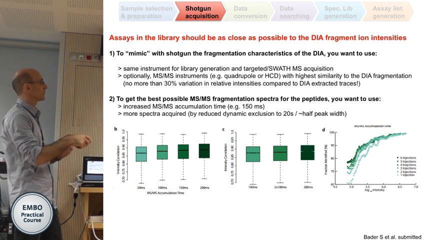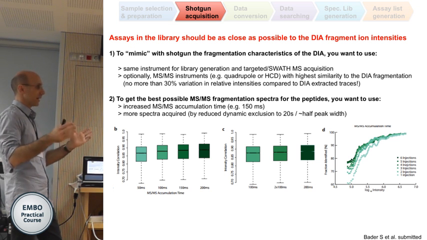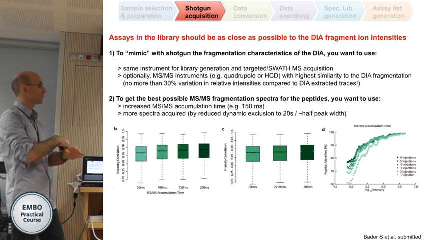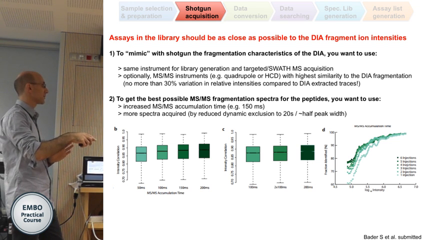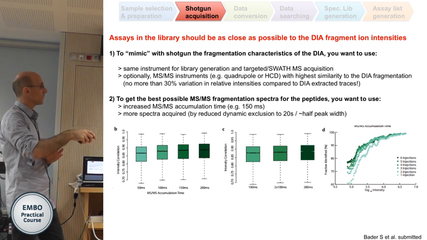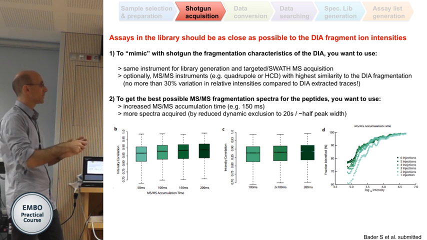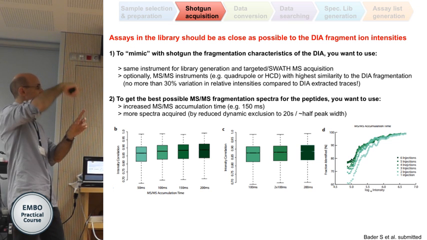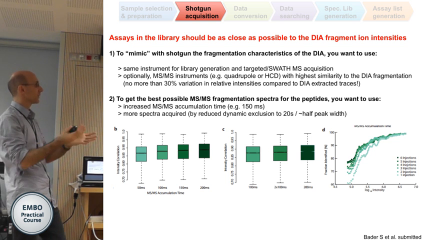And we also recommend to acquire more spectra, so more replicates, etc. And this we can also do by reducing the dynamic exclusion of your shotgun to about half of the peak width. This is most important for QTOFs. Maybe for Q Exactives, as soon as you have an ion trap that can collect the ions, it's not so dramatic. But for quadrupole time-of-flight instruments, you might also want to have your peak selected at the beginning of the peak, and also at the top of the peak, where you would get the best possible fragmentation spectra for your peptide.